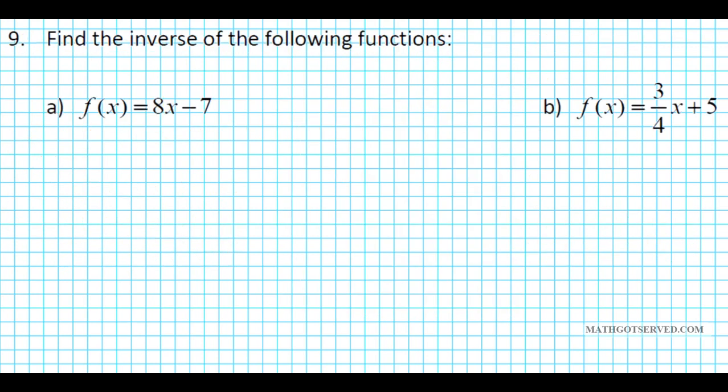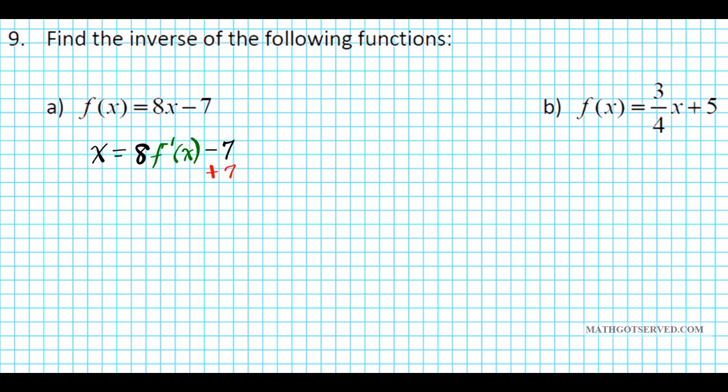Alright, so for number 9, we're going to find the inverse of the given functions. Let's start with a. So for a, we're going to switch the input with the output and the output with the input. So I'm going to call f of x, x. 8 times x will become the inverse of f, which is what we're looking for, minus 7. Okay, let's get f inverse of x by itself.